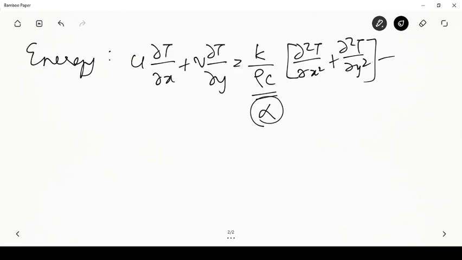And if there is a heat source, then there is a Q dot triple prime generation. Otherwise, that is not there. So this is your energy equation.